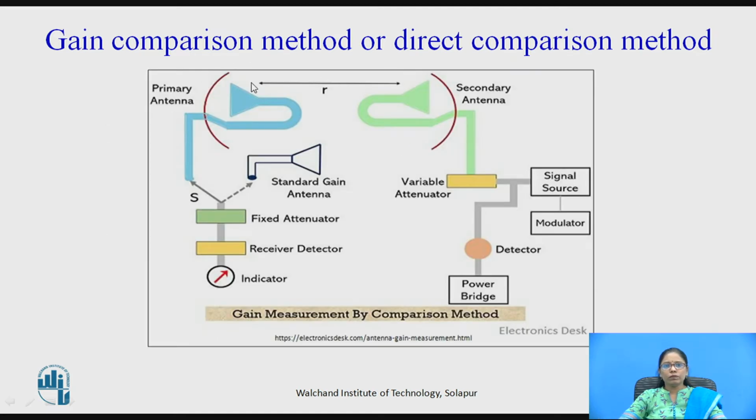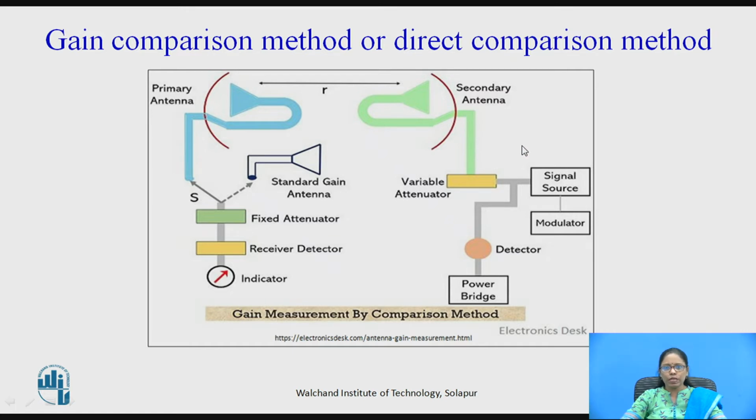This is the diagram showing the setup for the gain measurement of the antenna by the comparison method. Here you can see the primary antenna, which consists of two antennas. One is the standard gain antenna and another antenna is also placed here whose gain may not be known. The secondary antenna is the antenna under test, AUT.